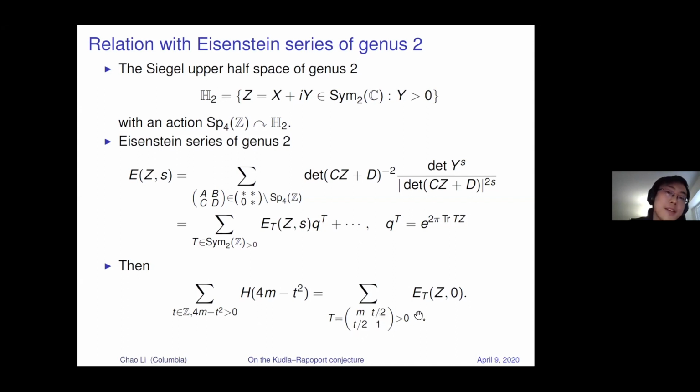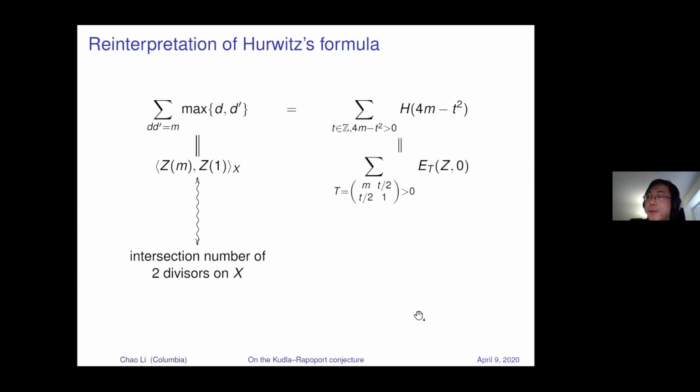All right. Now I can naturally reinterpret the right-hand side as a summation of Fourier coefficients of Eisenstein series, but now on this bigger group Sp4. So now I have successfully reinterpreted the Hurwitz formula, which is kind of a miraculous formula: on one side, a certain geometric quantity on the modular surface, and on the other side, a certain analytic quantity of Fourier coefficients of Eisenstein series on Sp4.